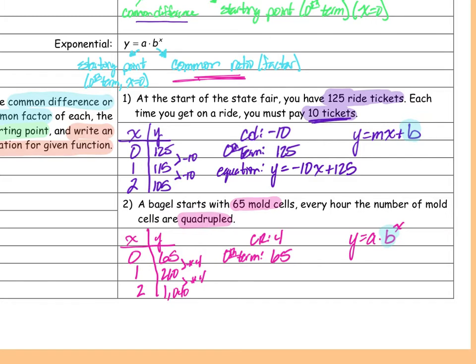In each equation it has a different meaning. That's why I defined in my definition what each of them means. So my equation is going to be y equals 65 times 4 to the x power.